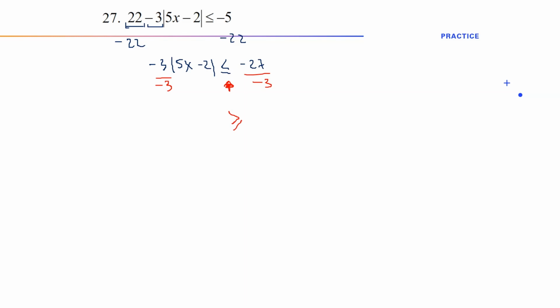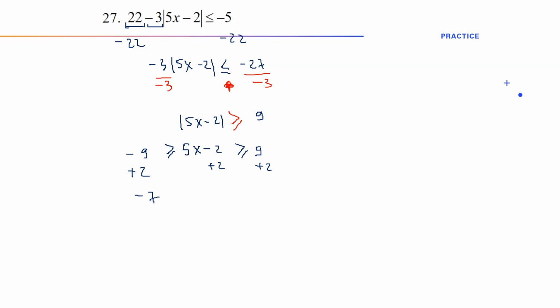And we are left with 5x minus 2 greater than or equal to 9, or less than or equal to negative 9. We solve for x, so add 2 on all sides.